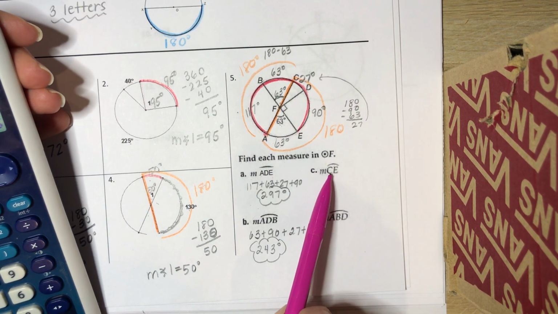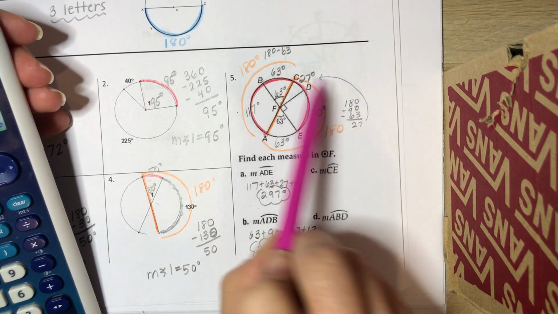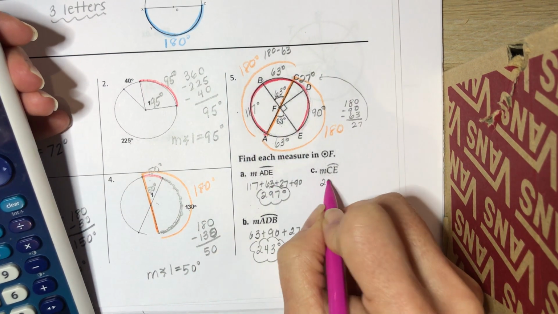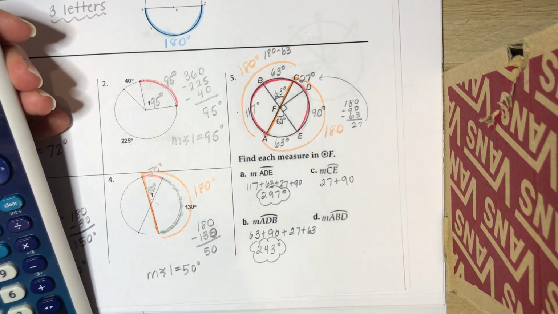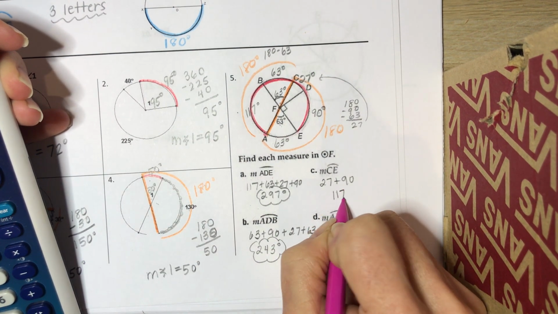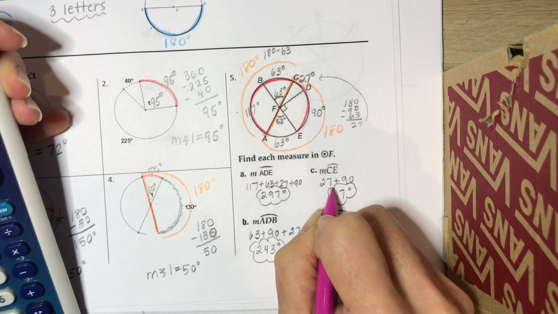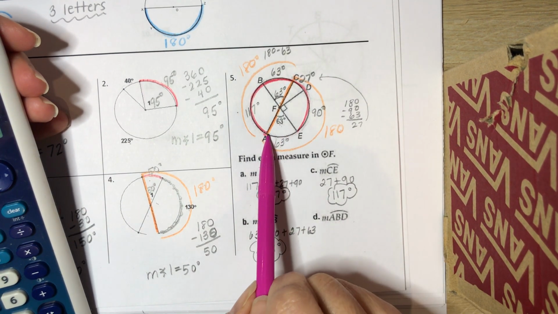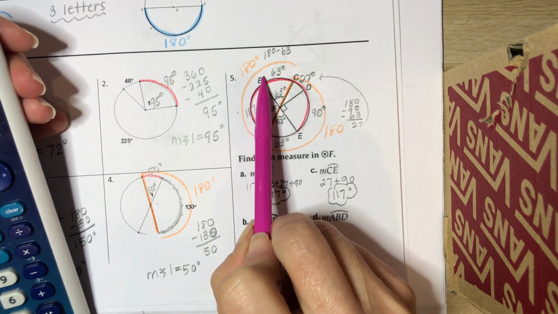Find the measure of arc CE. CE. These two numbers need to be added up. 27 plus 90 is 117. And the measure of arc ABD. ABD.